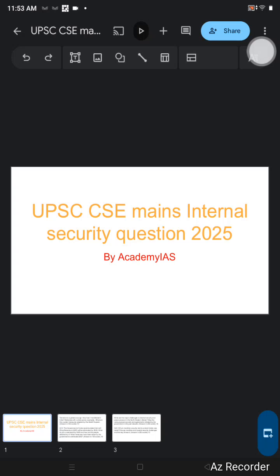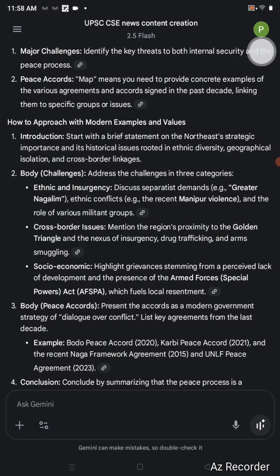How new militant groups are emerging, and the Manipur violence case, which is all about ethnicity, and the demand for separation of the state. The cross-border issue is another big challenge. Mention the region's proximity to the Golden Triangle.